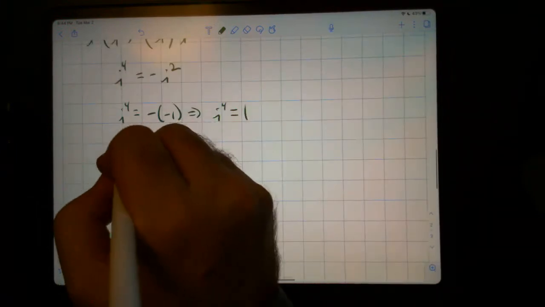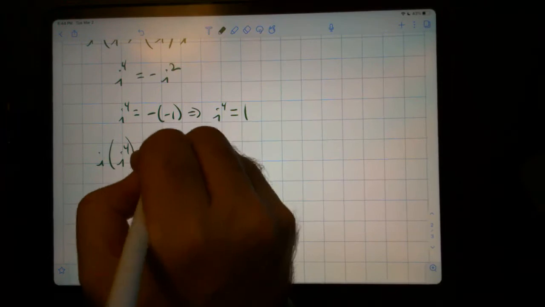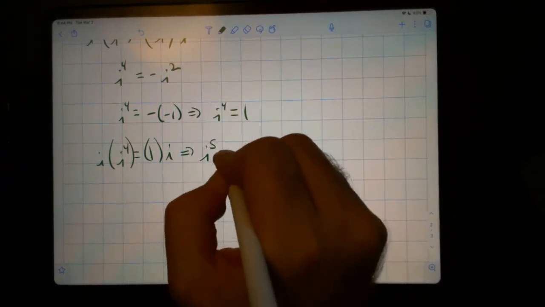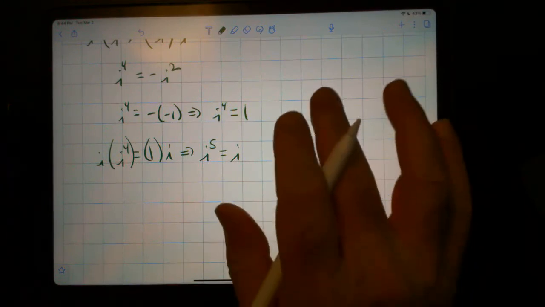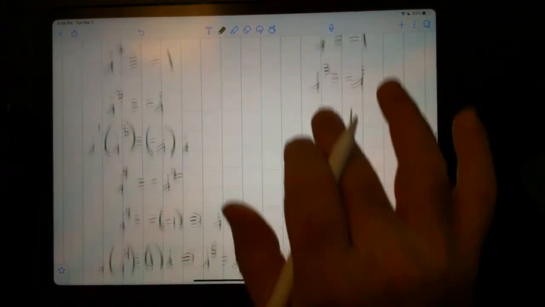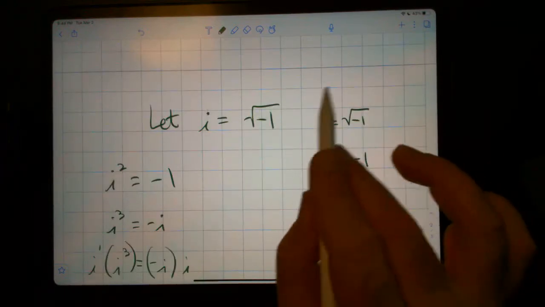So we have i to the fourth equals 1. If you multiply both sides by i again, this implies that i to the fifth is equal to i, which is this right here.